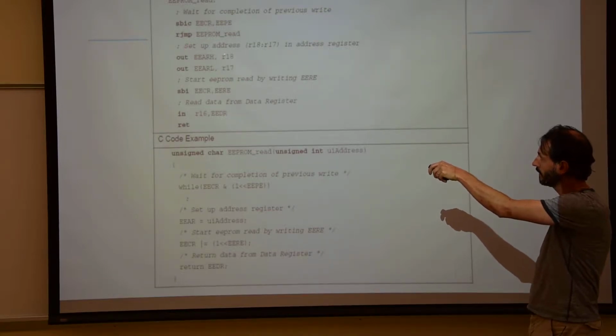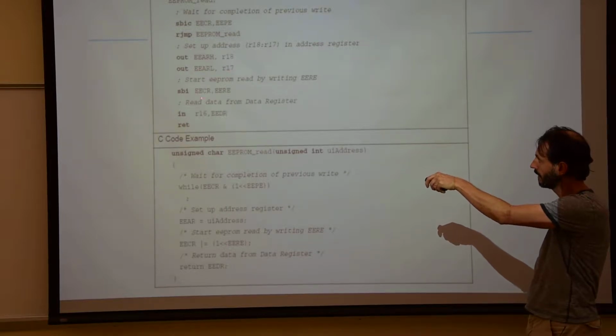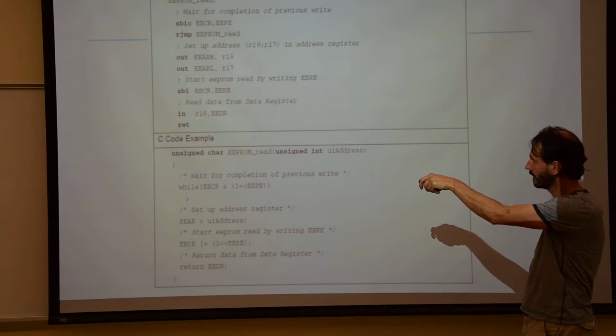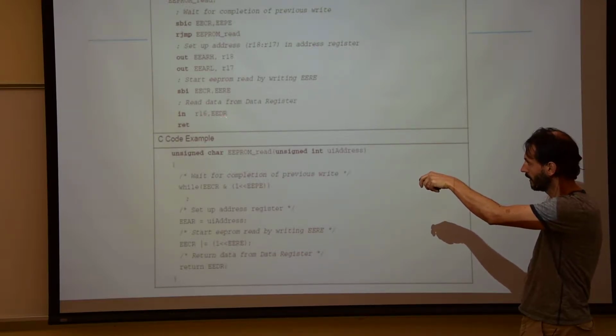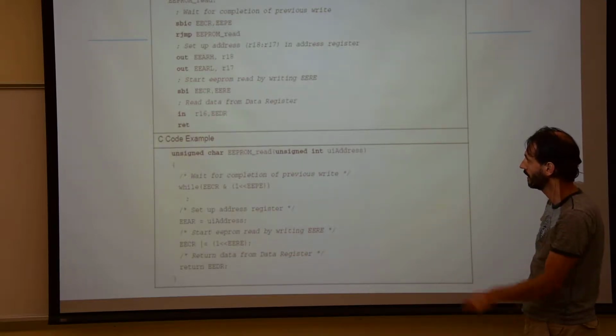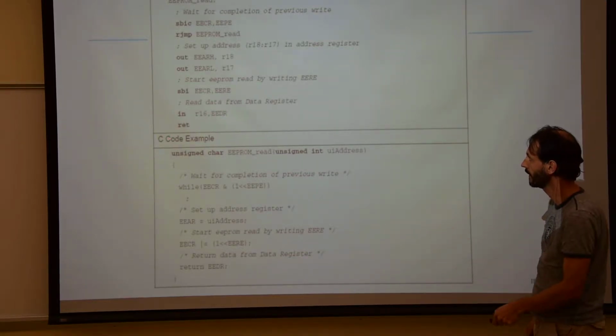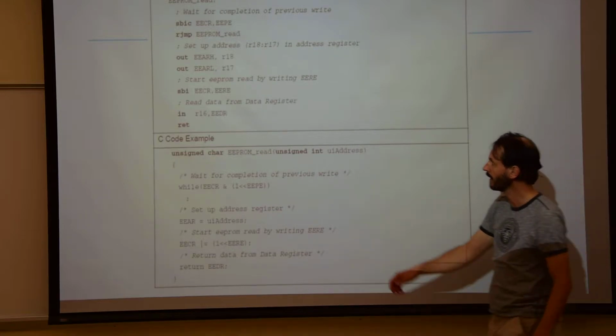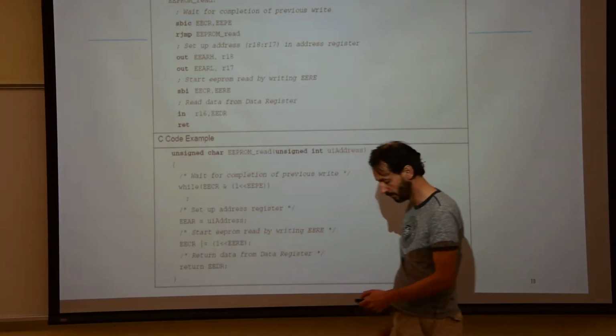So these operations, you see registers, R18, R17, and so forth. And here you've seen input, so R16 gets into the EEDR, and so forth. And then we have a return instruction as well. So it's kind of interesting to see how this reflects what we do over here as well.